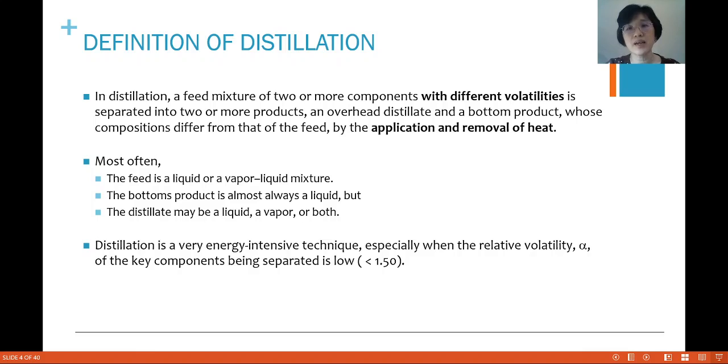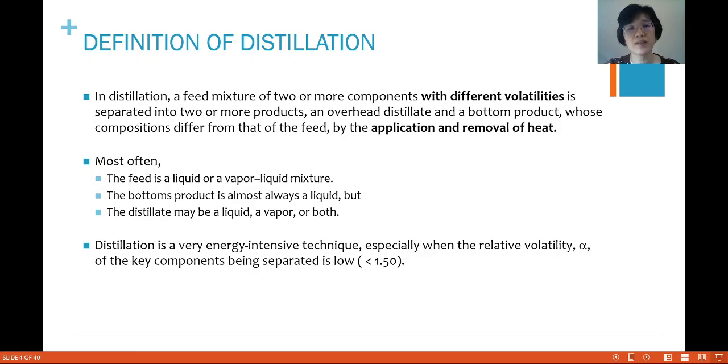Typically, for a distillation column, we will have an overhead distillate and also a bottom product, in which the composition of these products are different from those in the feed by the application and removal of heat.